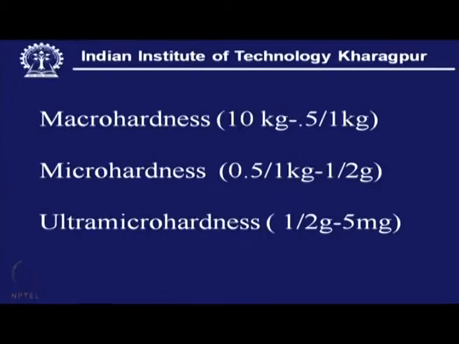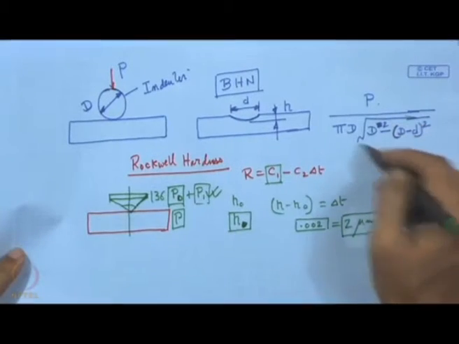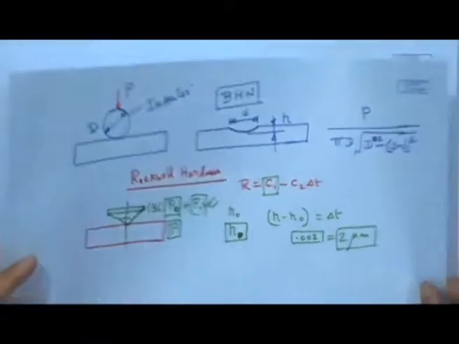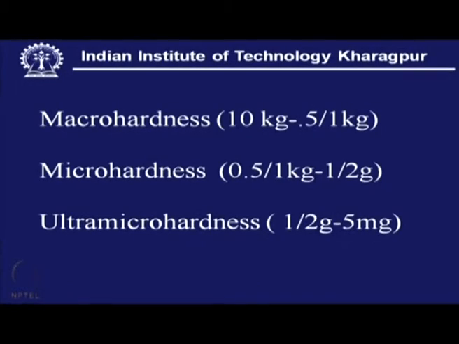So, micro hardness actually is about how this whole load is controlled, what is the magnitude of the load and what is the penetration depth. Say for example, this is the penetration depth, and this is not just a few microns, but when we talk about micro hardness, this penetration depth may be within a few tenths of a micron, or it can even be confined within tenths of a micron.